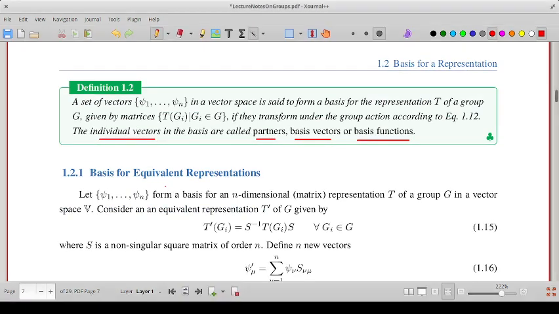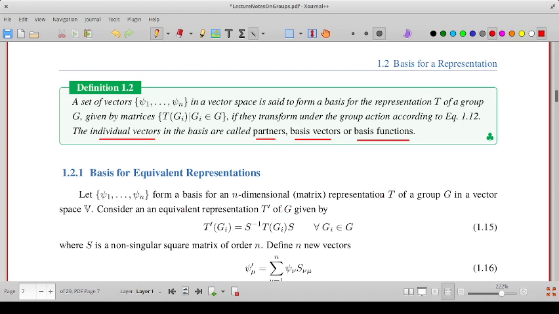Now, basis for equivalent representations. Let the set of n vectors psi1, psi2, etc. up to psi n form a basis for an n-dimensional representation T of a group G in a vector space V. And we consider an equivalent representation T dash.